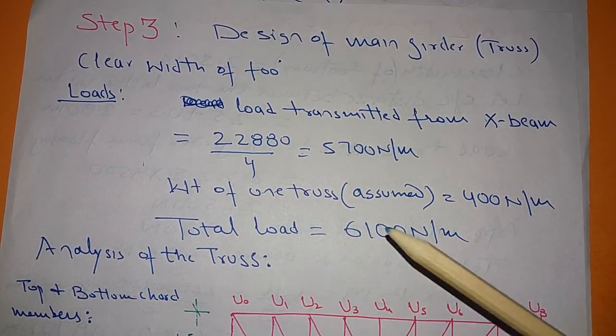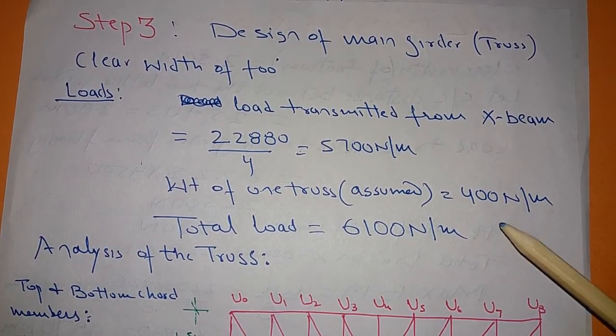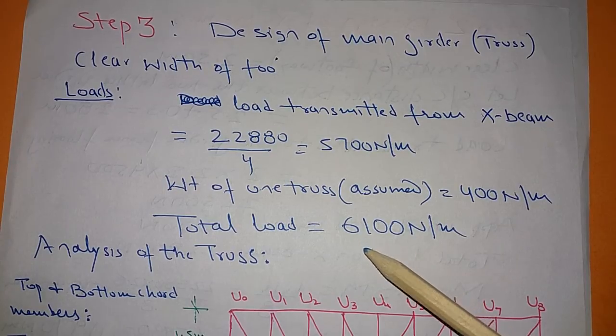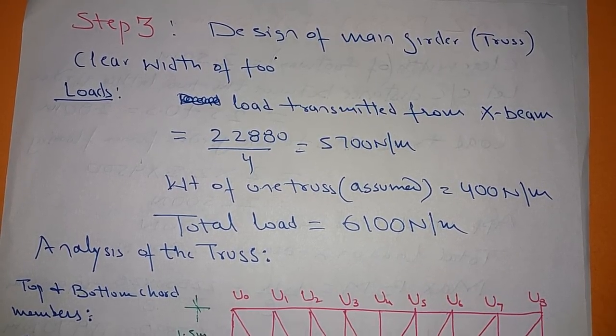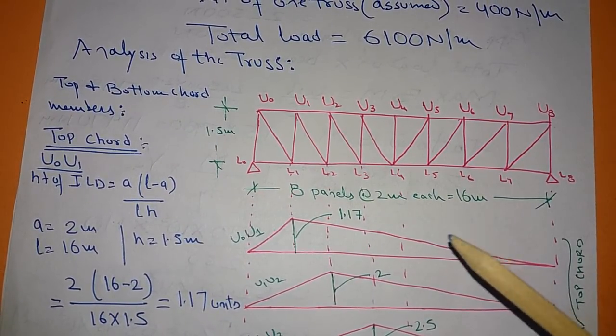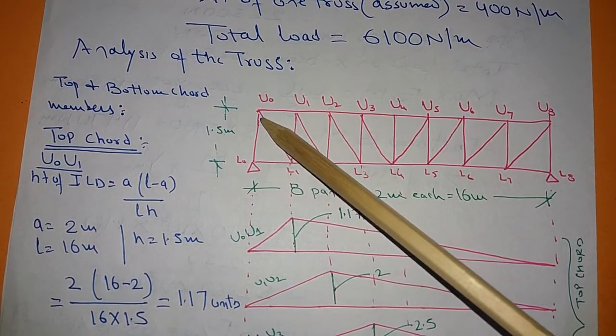The weight of one truss can be assumed at approximately 400 Newton per meter. So the total is 5700 plus 400, 6100 Newton per meter. Now go for analysis of the truss. Let us adopt a truss type like this.